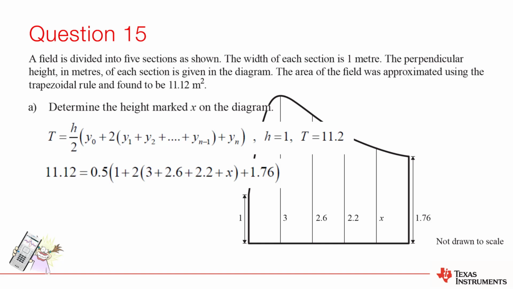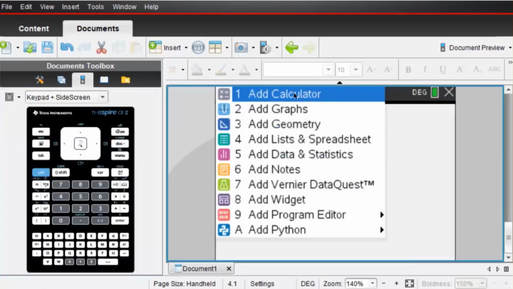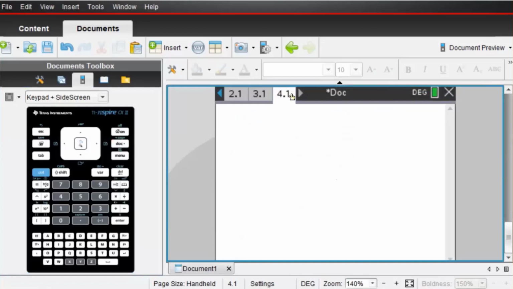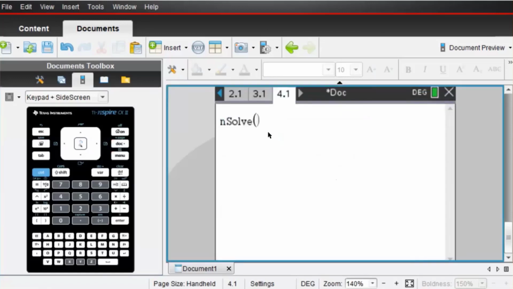It's fairly easy, but let's use our CAS to solve that one. Once again, I'll just go to a new problem for a start. So what do I want to do? I want to go menu, algebra, solve or NSolve. 11.12 equals 0.5 times, I've got 1 plus 2 times all the middle ones.